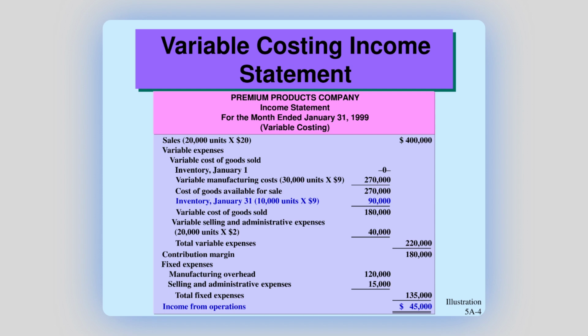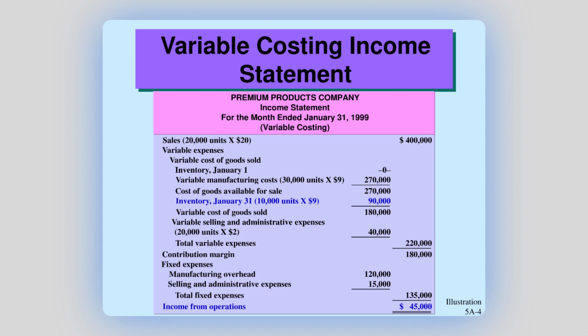In variable costing, your fixed manufacturing overhead is considered an expense outright. So you have 400, variable cost of goods sold 270 minus 90, you have 180. Then minus 40 as your selling and non-manufacturing expense, you have 220. So 400 minus 220, you have 180.